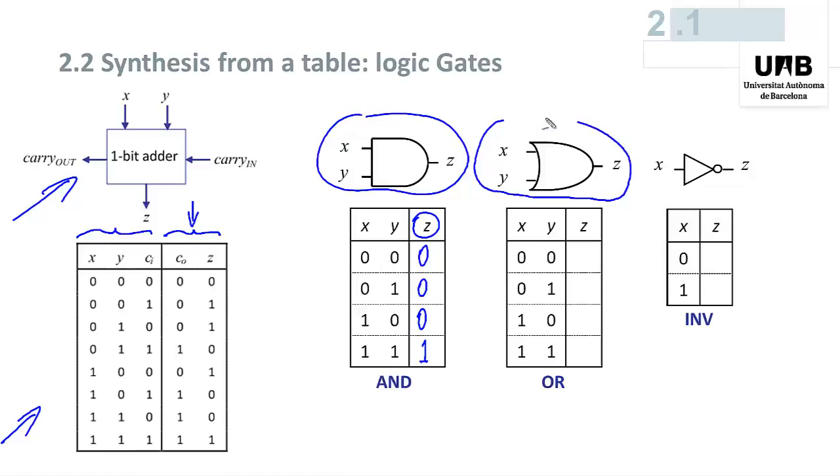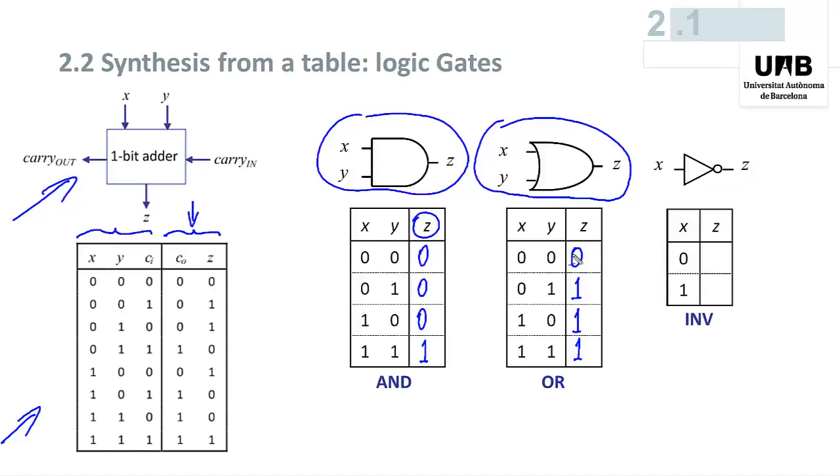Now, an OR gate. An OR gate generates an output 1 when one of its inputs, at least one, is equal to 1. So in this case, it generates a 1 in this case, in this one, and in this one. In this case, the output is equal to 0. Once again, it's a general definition.